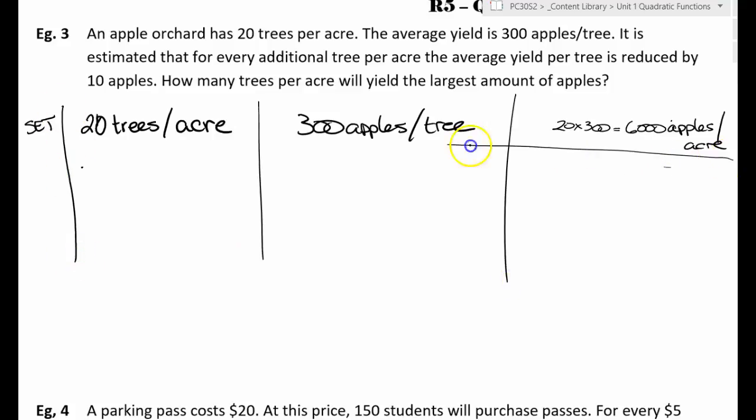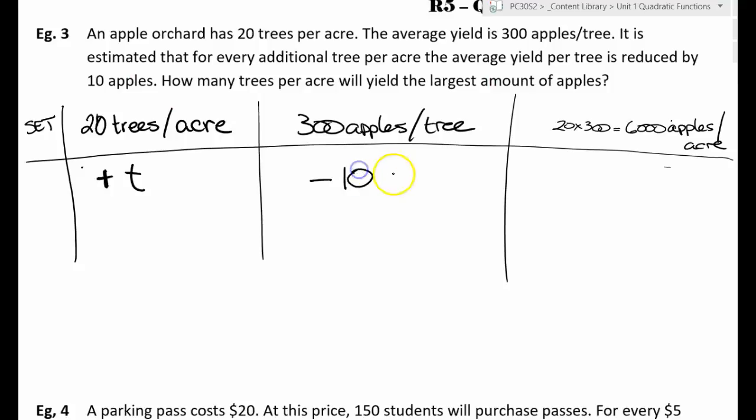But it's estimated that for every additional tree per acre, so adding a tree, the average yield per tree is reduced by 10.